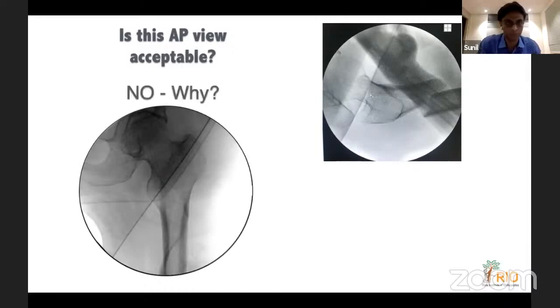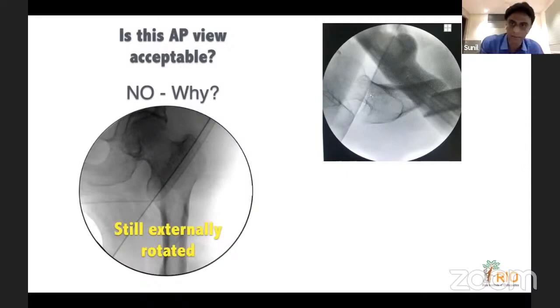I don't think so, because if you look at the AP view carefully, if you focus on the greater trochanter, you can see that the greater troch is definitely not appearing as a point. This indicates that the greater troch, or the proximal fragment, is still externally rotated and you do not have an ideal entry point. You need to correct it so that you can get a more medial and correct entry point.